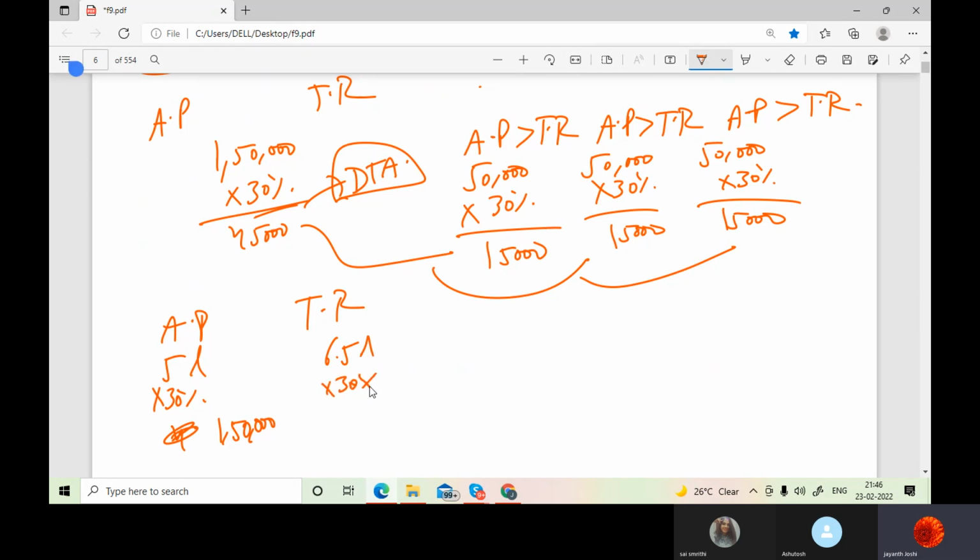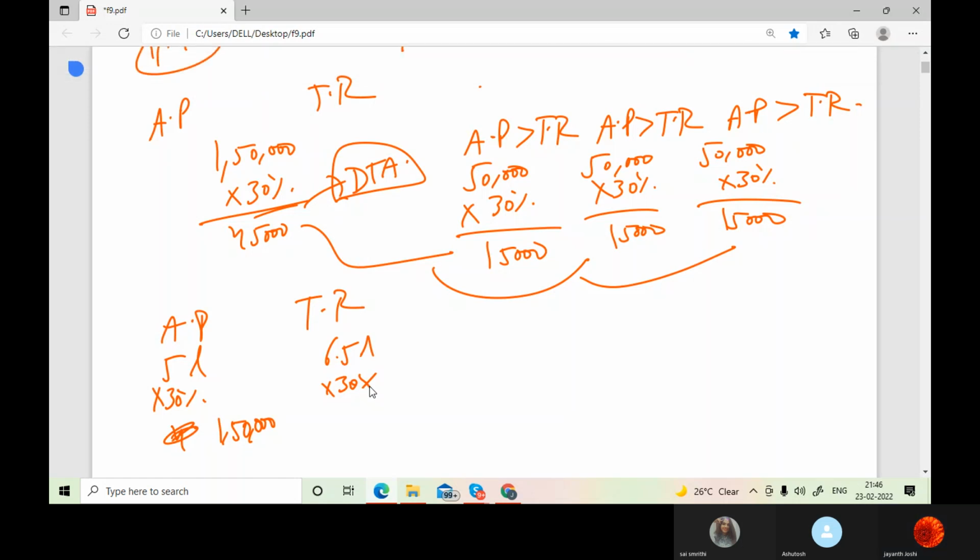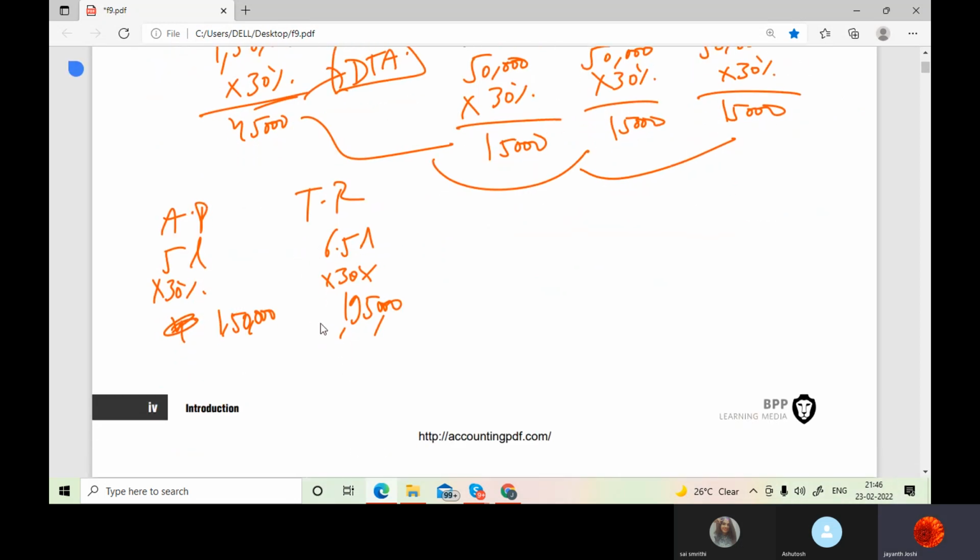Just tell me. 1,95,000. And you can see here, that means your provision is less, you have paid more. So 45,000 is your DTA. That has to be reversed.